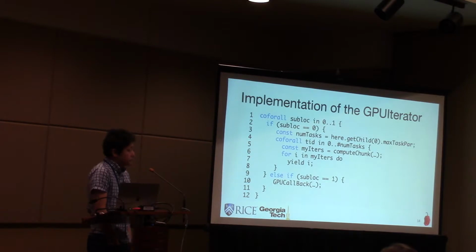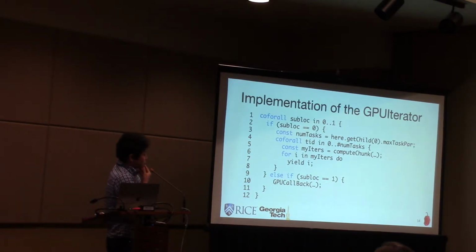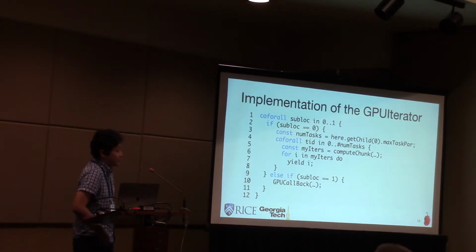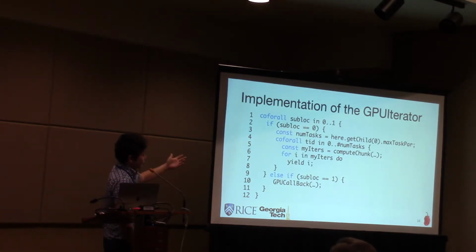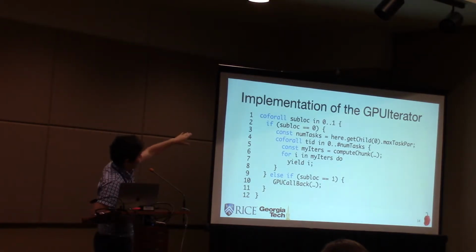This is a little detail of the implementation of the GPUIterator, and the actual implementation is more than this, but I wanted to showcase the basic concept. Internally, we create two tasks, one for the CPU portion and the other for the GPU portion, using the for loop.